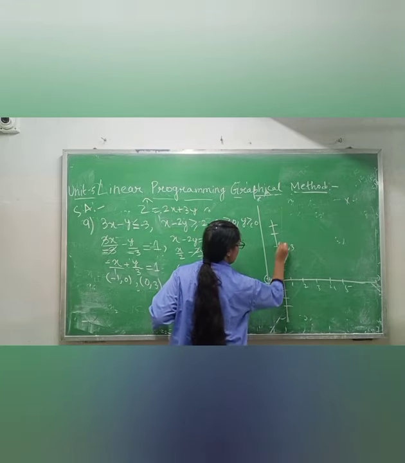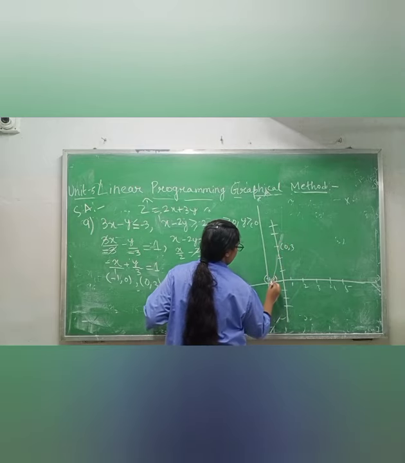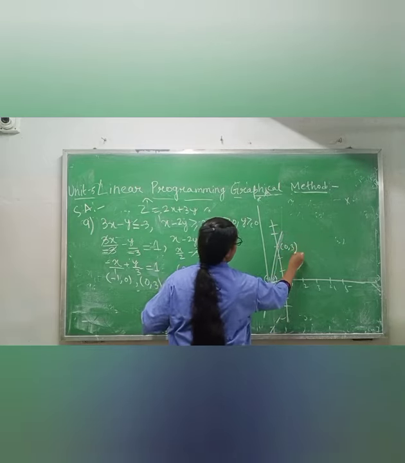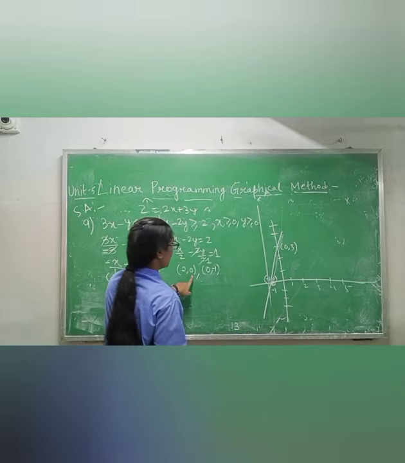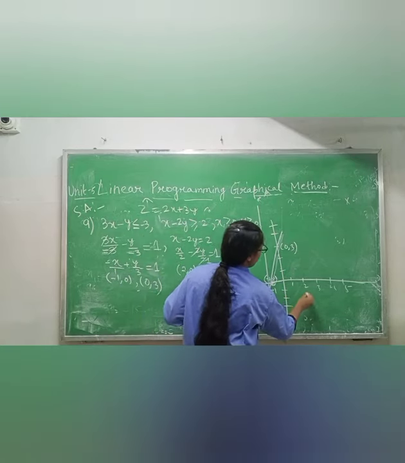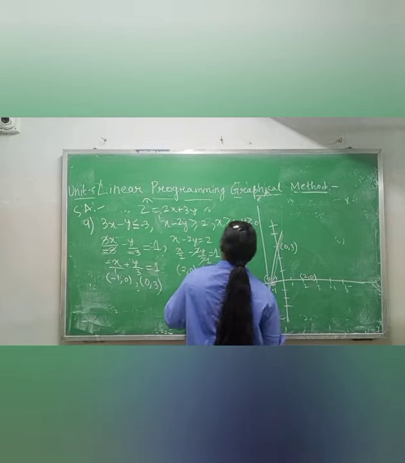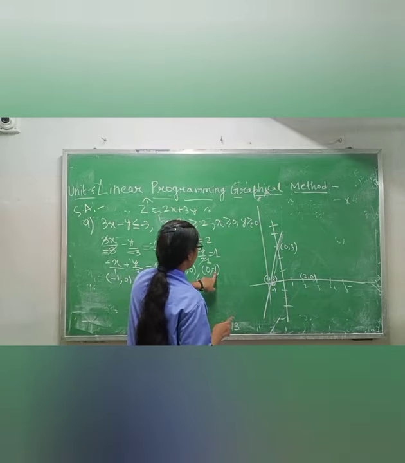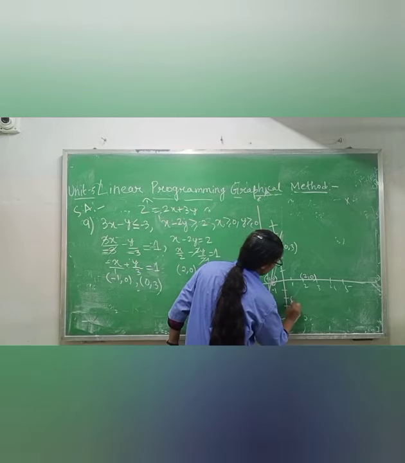So we can make one straight line. After that 2 comma 0, x is 2, y is 0, this point, and 0 comma minus 1 means y will be minus 1, so 0 comma minus 1 will come here.